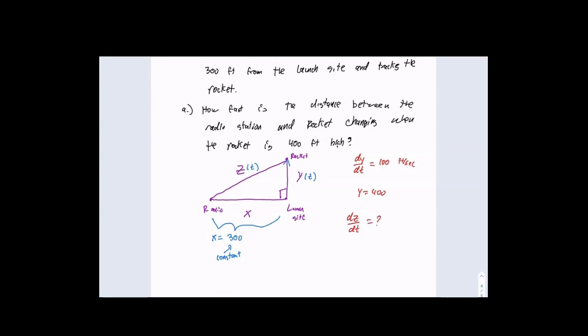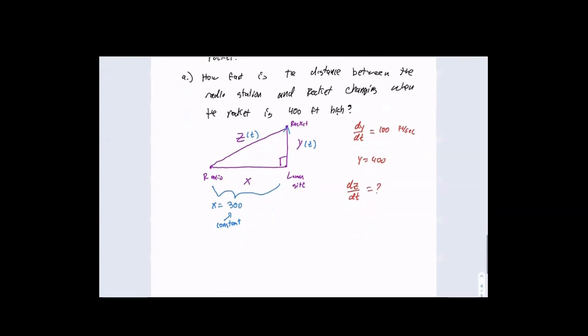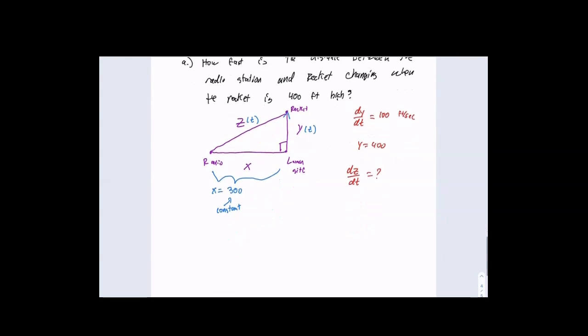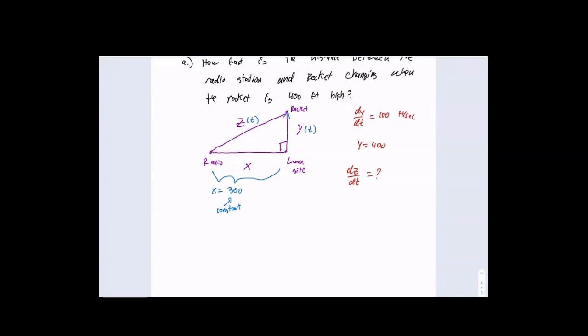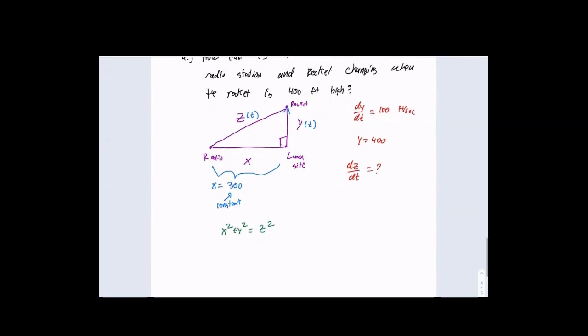All right, they're asking me to find dz dt, the rate of the distance between the rocket and radio station. All right, so we're not dealing with any angles in this problem. This one is a review. So we're going to utilize x squared plus y squared equals z squared.